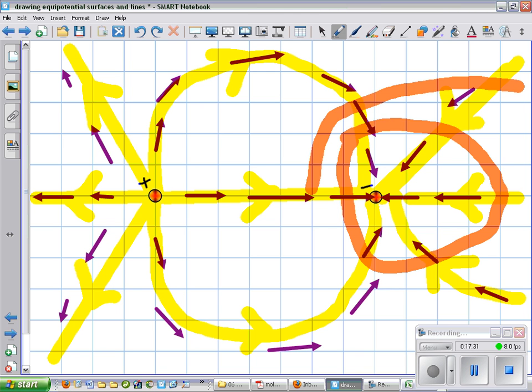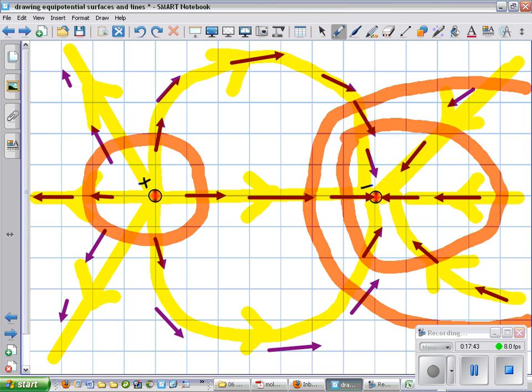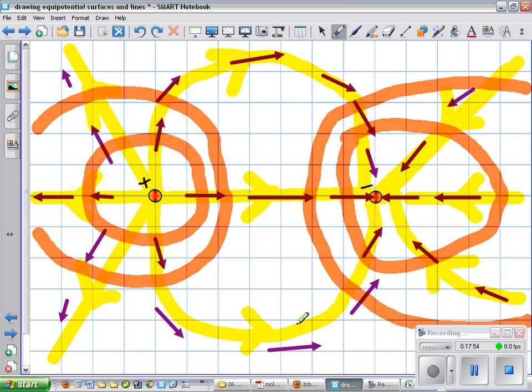And the next equipotential surface would kind of curve out a bit like that. And then the same thing for over here. Perpendicular to each of the lines as we cross it. And around like that.